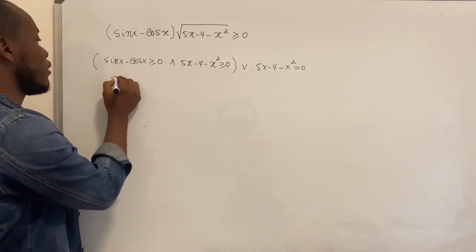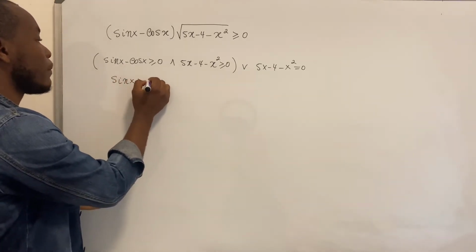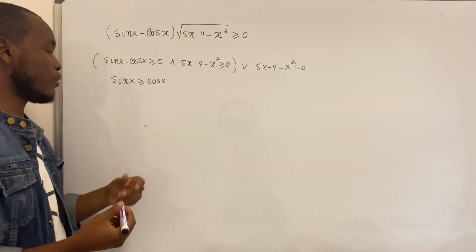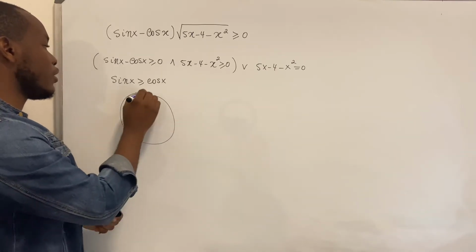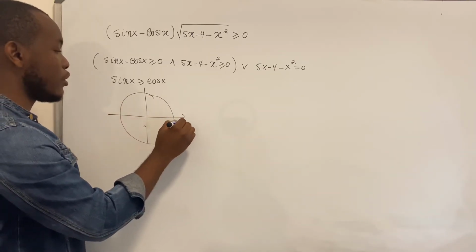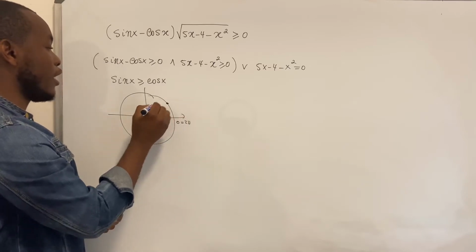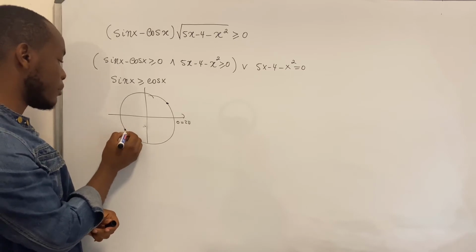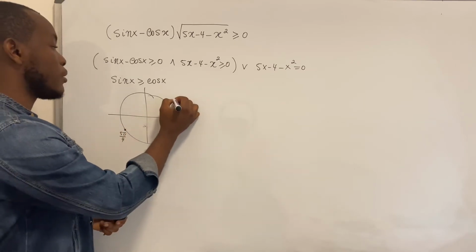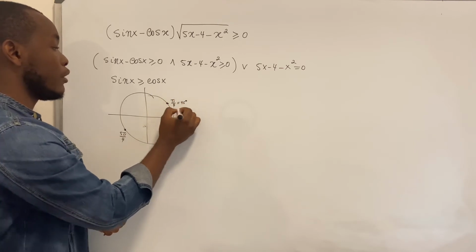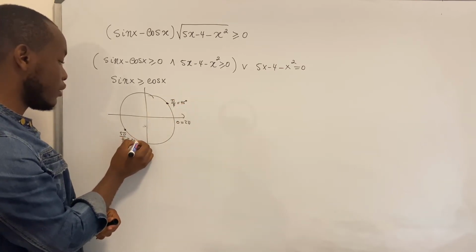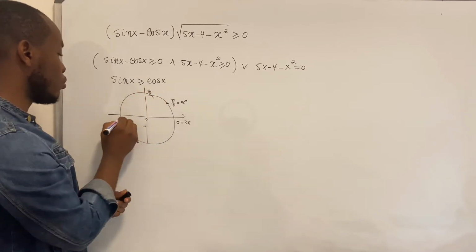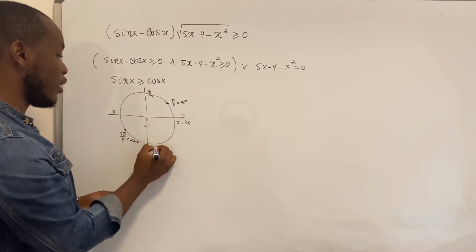Here we have sine of x greater than or equal to cos of x. If we check in the trig circle, we have 0 here, 2 pi, 45 degrees which is pi over 4, and 225 degrees which is 5 pi over 4. Here is 0, here is 90 degrees, pi over 2, here is pi, here is 3 pi over 2.